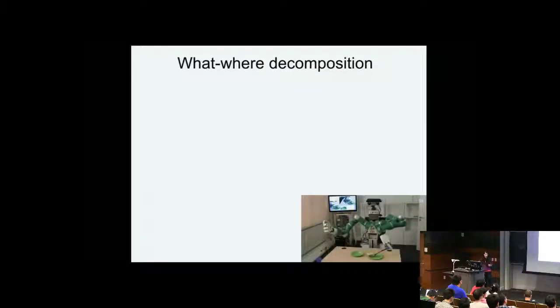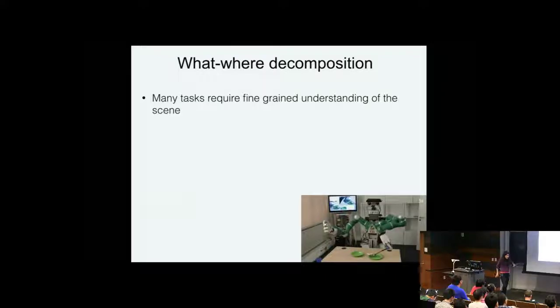And the first thing that we need to think about is this what-where decomposition. So far, this ImageNet classification that we talked about, where you just take the image and I need to say cat and dog and chair, and then I win if I guess correctly the label, is all about what is in the image. I don't need to know where to do well.